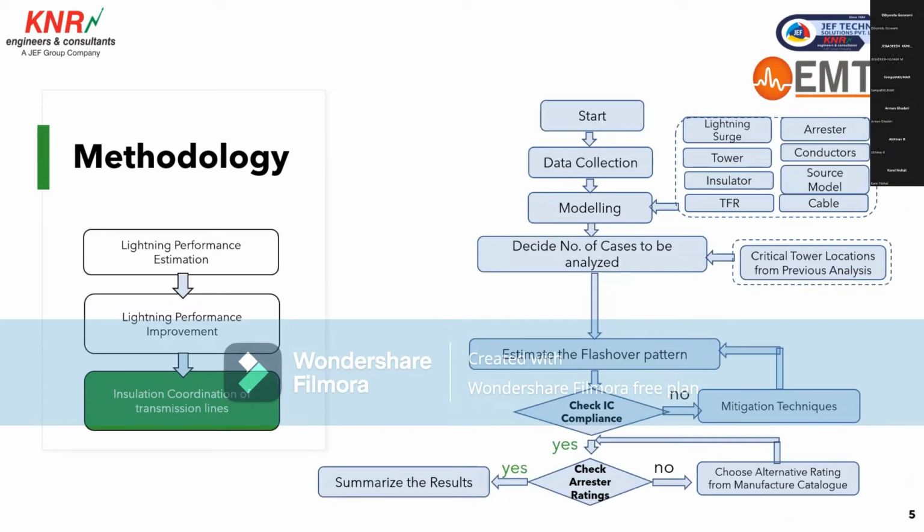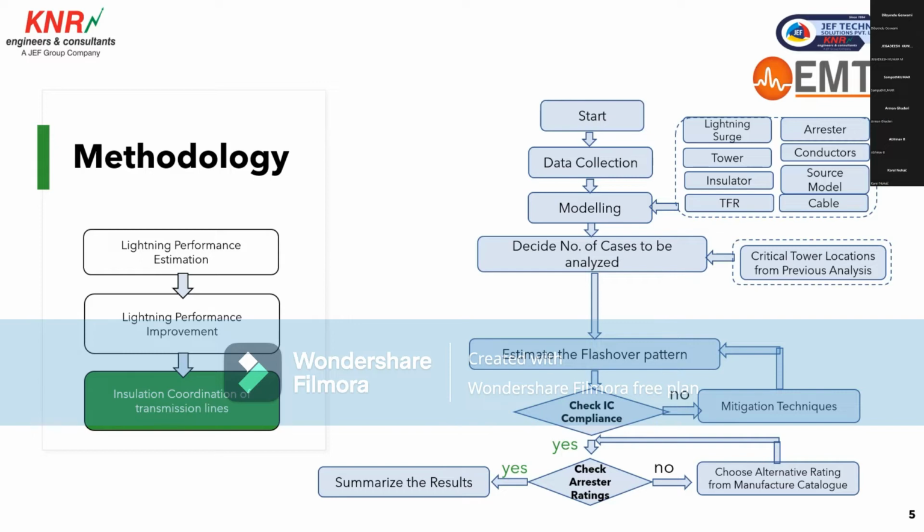And third and final step will be the insulation coordination verification. Again, we will do extensive modeling of the network. So we will be modeling the critical tower locations that we have obtained from the previous analysis. And then the modeling will be based on the inputs that we will discuss in the next slides. After modeling, we'll estimate the flashover pattern and check the IC compliance.